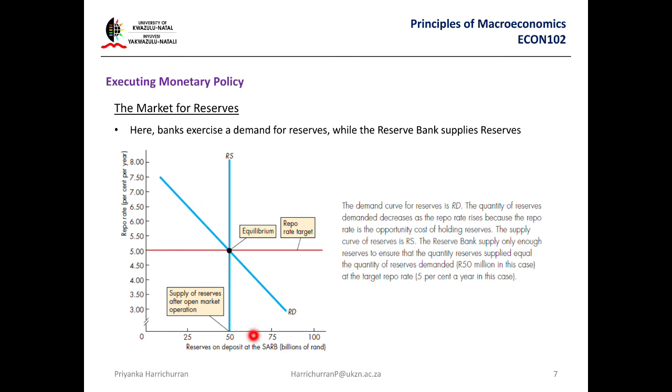So the central bank will supply money to the commercial banks. This is 50 billion. Now, the commercial banks will demand money from the central bank because they need to borrow money so they can lend to other people.